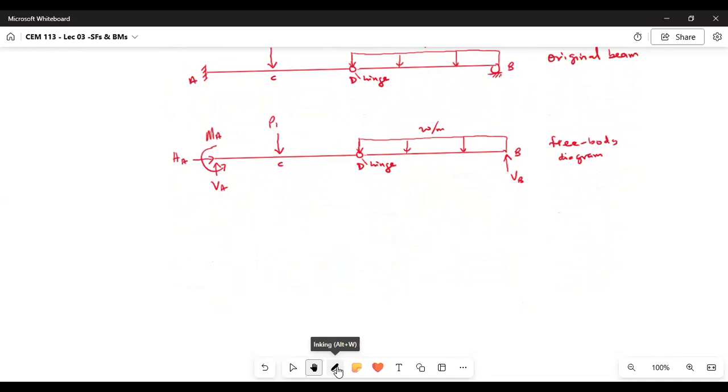The next one is separate the beam at the hinges. If I'm separating the beam, I'll take one part and draw it, and take the other part also and draw it. So let's see how I'm going to separate the beam at the hinge.